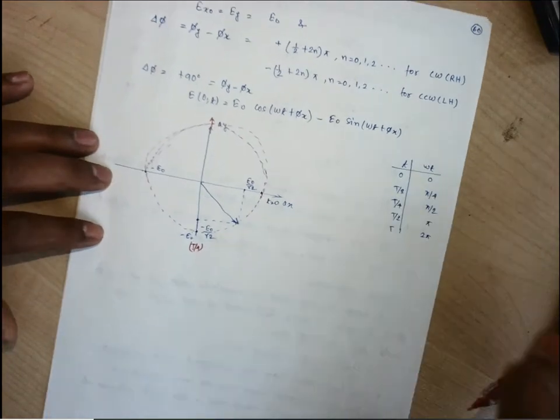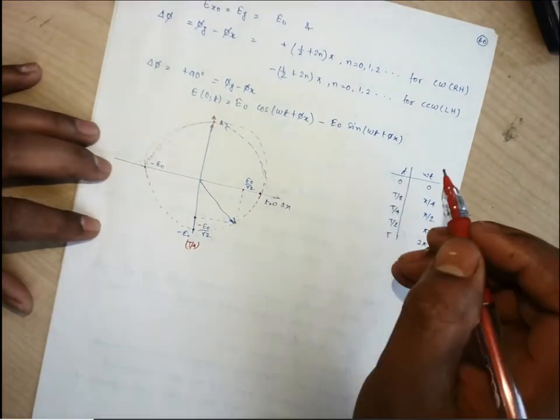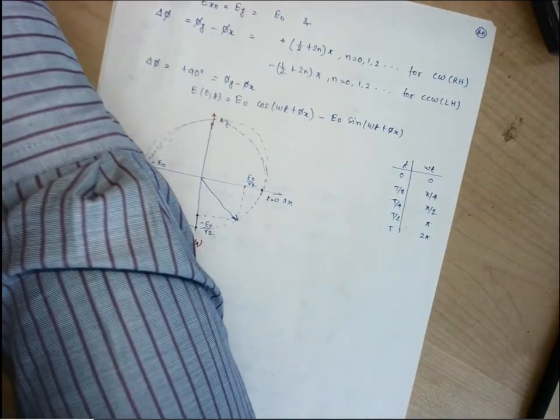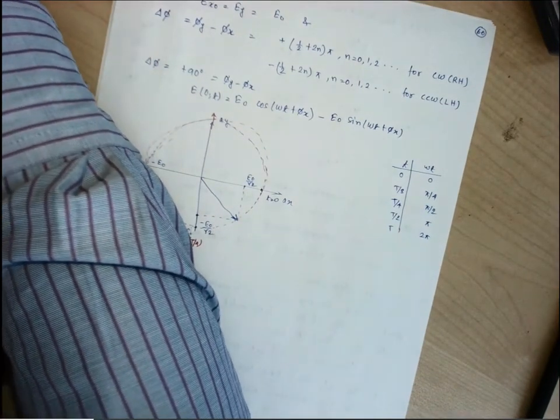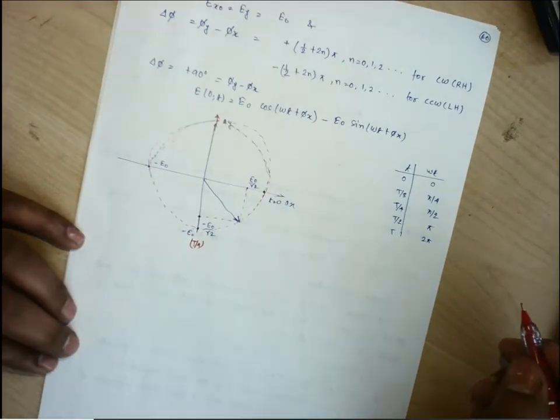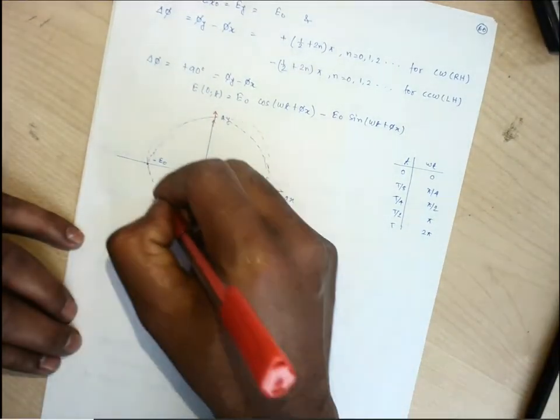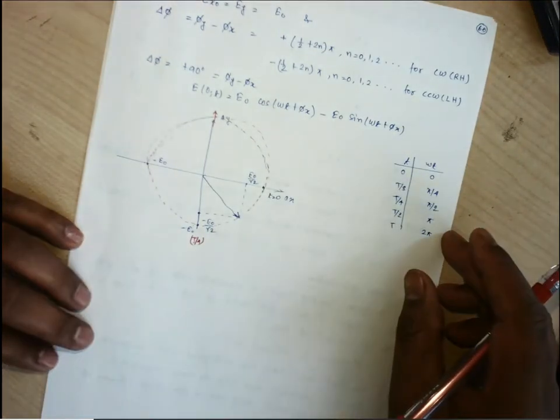Now if you have been looking at this point, when we have taken plus 90, in which direction is this field vector rotating? Is it clockwise or anti-clockwise?